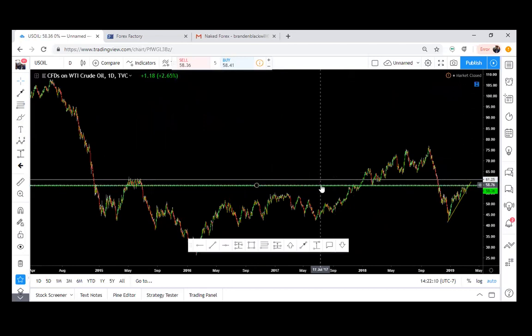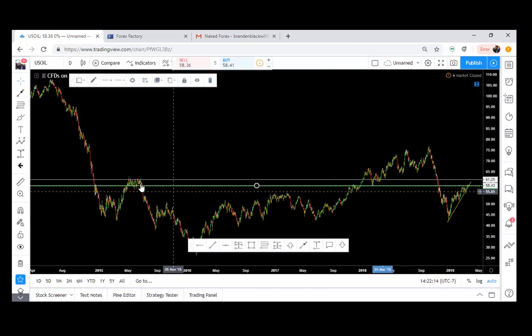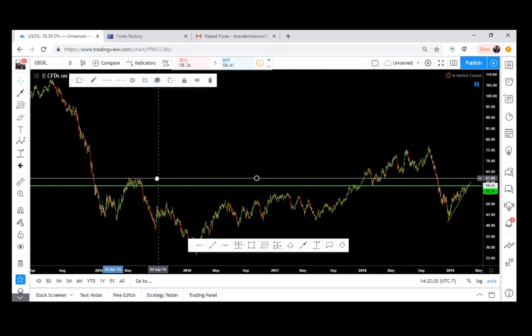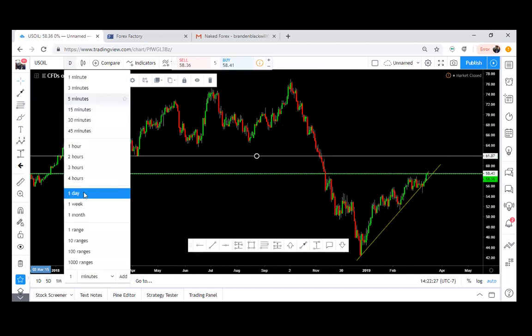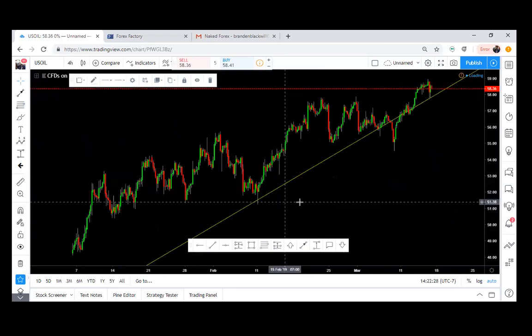I have a line drawn here because this is like a retest of these structure levels where it had reversals. So I drew a little line up here because price could potentially still push up a little higher before dropping. But looking at oil, I'm expecting this down move to come.